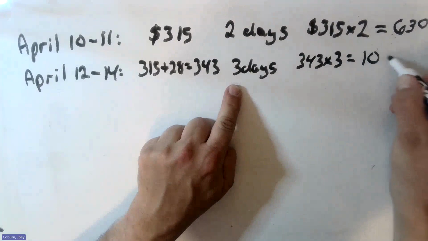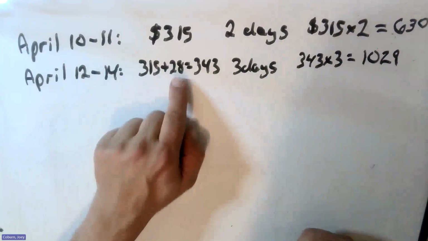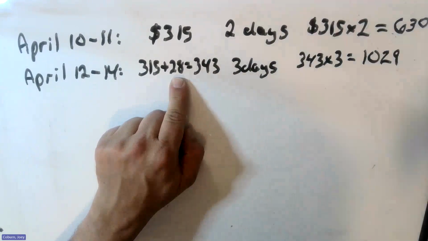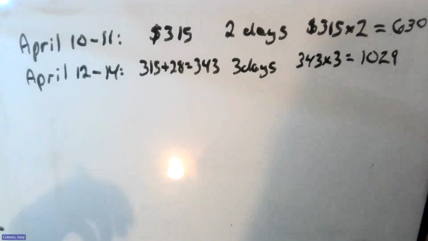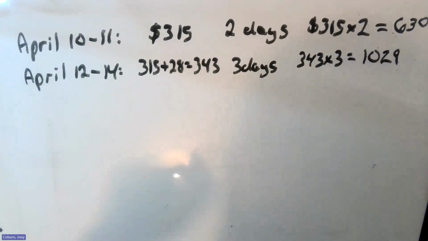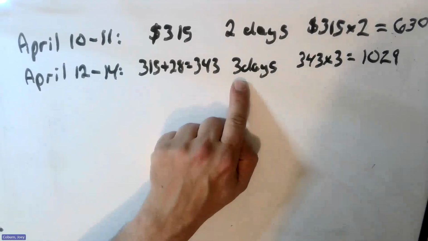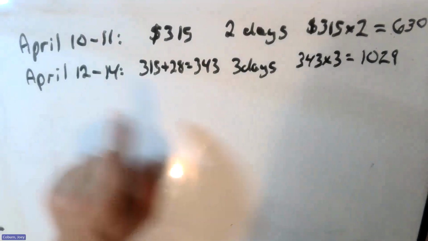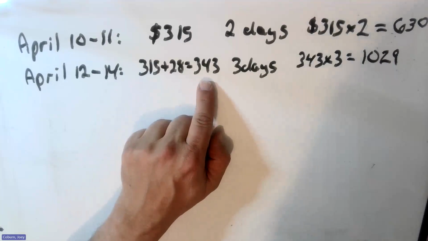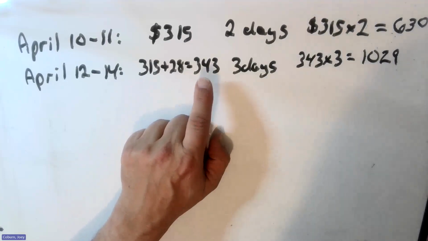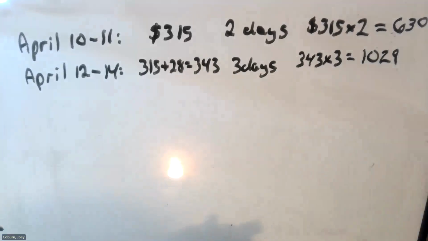We'll get 1029. So what happened is on the 12th, we made a purchase of $28, so that went onto our credit card. And then we didn't do anything else for the rest of the 12th or the 13th or the 14th. So 12, 13, 14, those 3 days, we just made that change on the 12th. So for the 12th, the 13th, and the 14th, the total is going to be 343. So we take that times the 3 days, and that gives us that number.